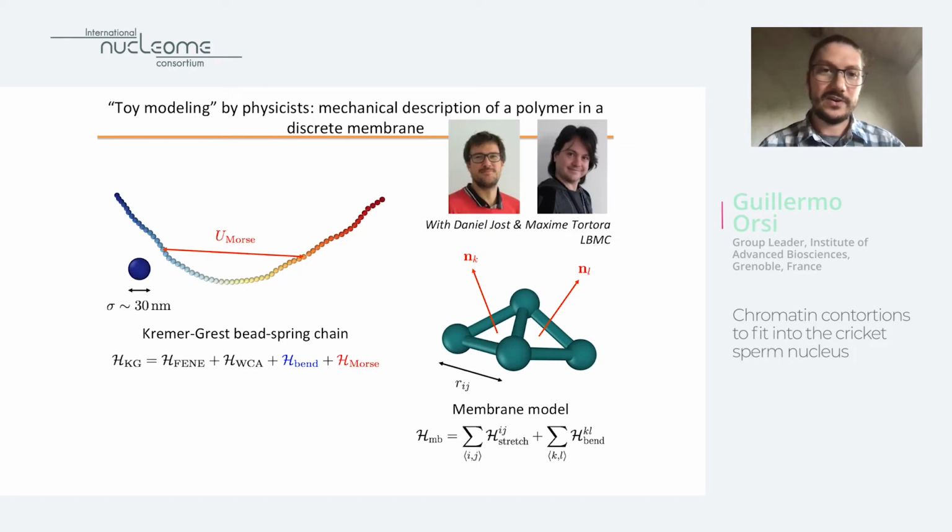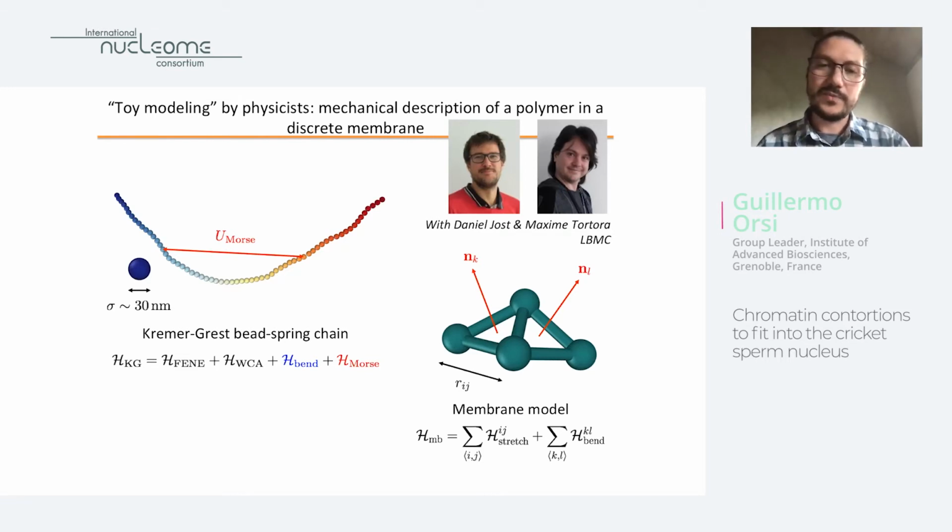They have a certain propensity to touch each other, and they confer to the chromatin a certain rigidity. And this polymer evolves within a discrete membrane. It's just a membrane that is fixed, and then we can play with the membrane parameters to allow or not the extension and the deformation of the nucleus.